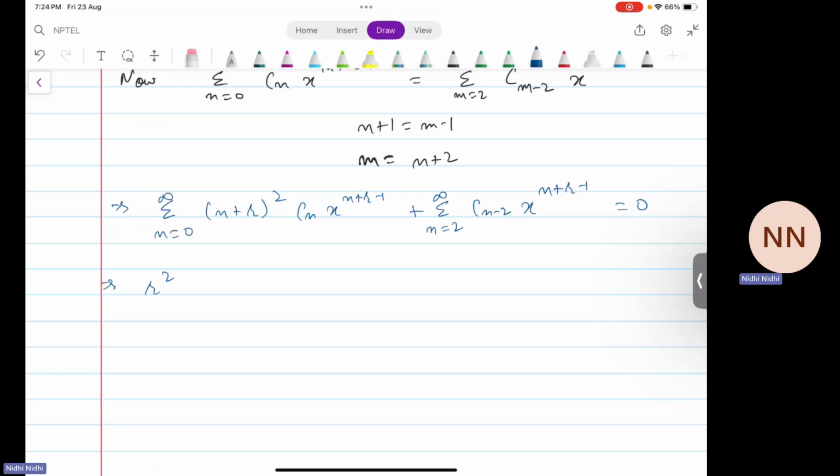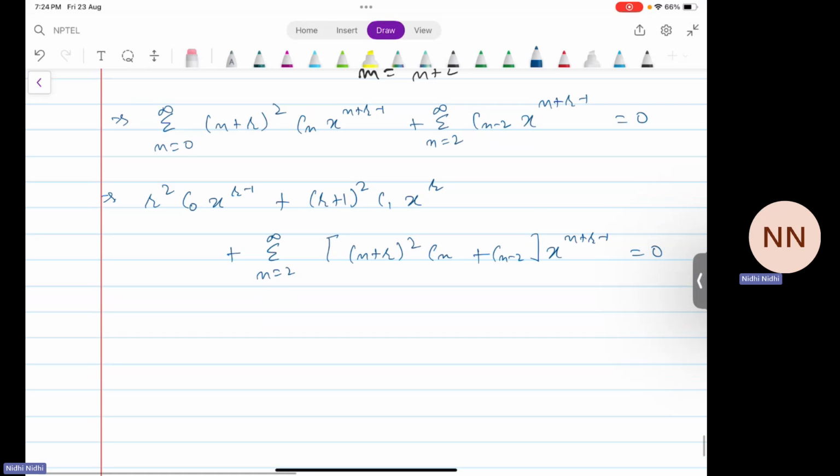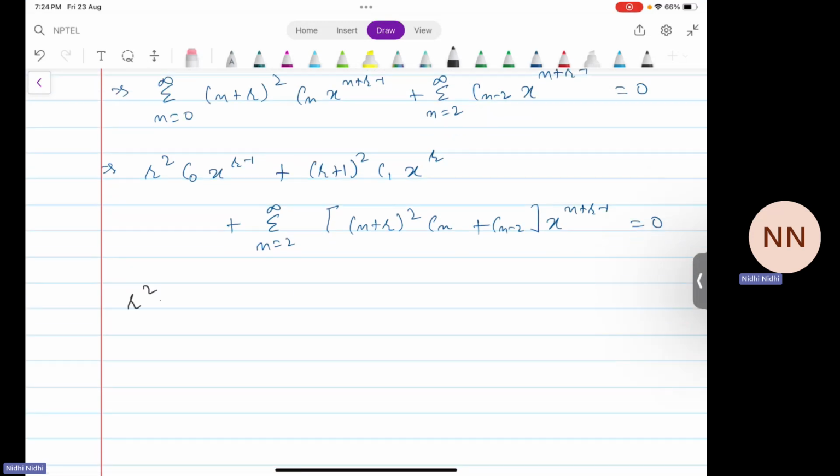For n equals to 0, we'll get r square C naught x to the power r plus (r plus 1) square C1 x to the power r plus 1 plus summation n from 2 to infinity [(n plus r) square Cn plus C(n minus 2)] x to the power n plus r equals to 0. From here we get r square is equal to 0.